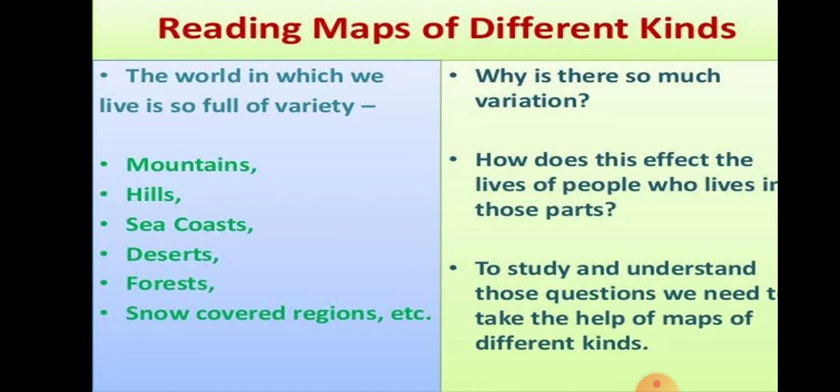For example, observe some questions here. Why is there so much variation? How does this affect the lives of people who live in those parts? To study and understand all these questions, we need to take the help of maps of different kinds. So if you want to know the answers to the questions, we must learn the map.